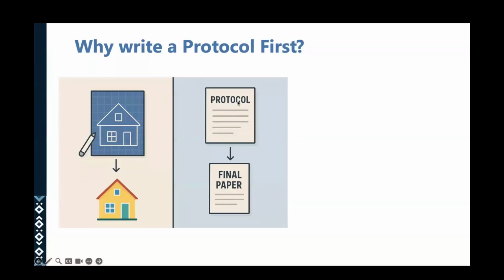You want to lay out the protocol, and this protocol will serve as a guide for how you're going to go about the different study procedures. So the protocol will outline what you are going to do when you actually start the study. So this protocol helps to prevent bias and selective reporting. By outlining the protocol, it will prevent you from introducing new ideas, new concepts that might take the study in a different direction.